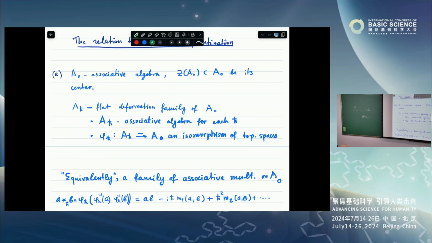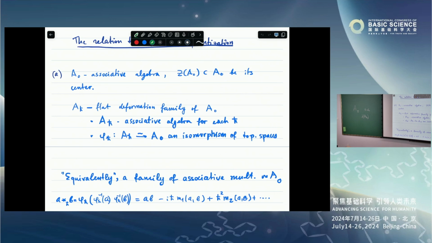Now, the relation to deformation quantization. Let's say that A0 is an associative algebra, and let's consider the center of A0. Let's assume that we have a flat deformation family of A0, which means that AH for each H is an associative algebra. The easiest case is when H is a formal variable. We assume that there is an isomorphism of topological spaces between AH and A0.